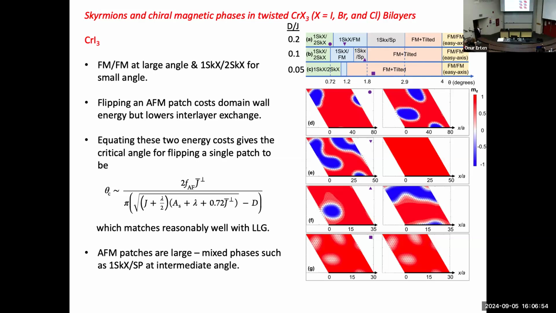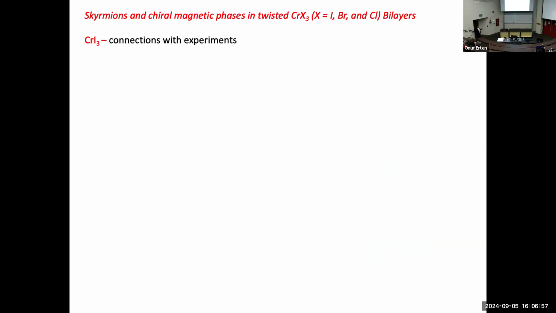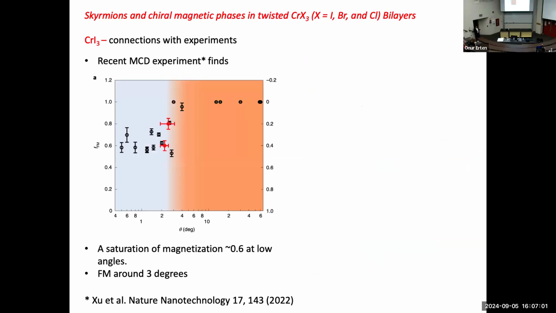All right, okay. So let's see how it matches with the experiments. The MCD experiments, MCD is magnetic circular dichroism, which measures the Z component of the magnetization, find that at high twist angles it's a ferromagnet on both layers, and at low twist angles the magnetization drops to about 0.6 of the maximum value.